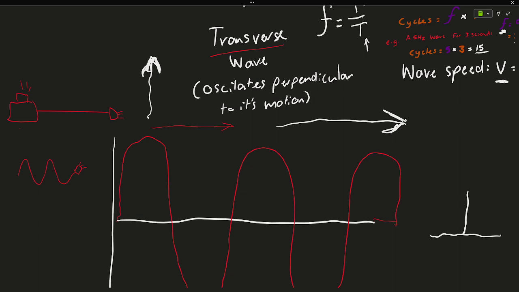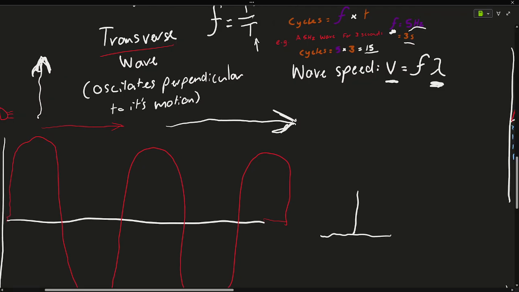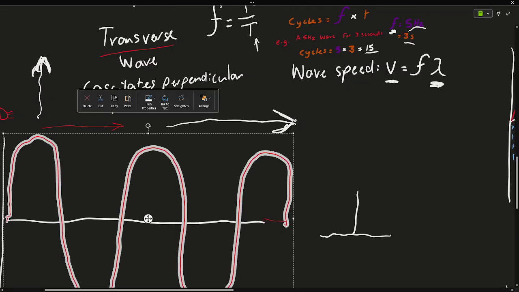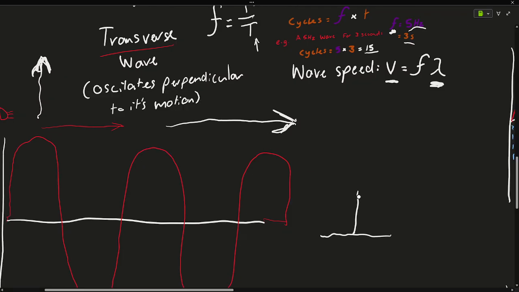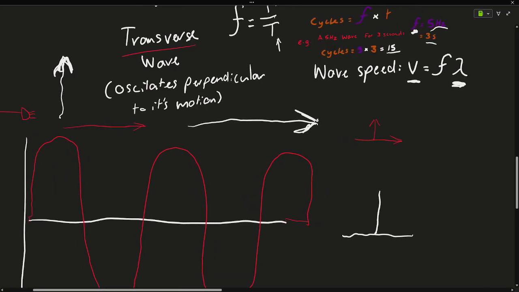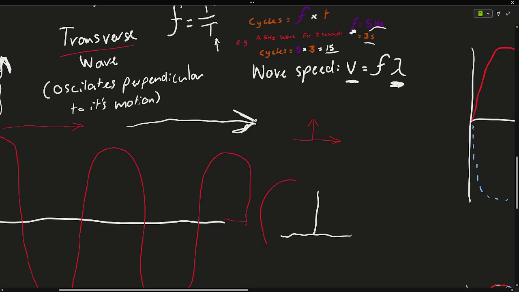So you flick it up and it oscillates perpendicular. Perpendicular is when there is a line moving horizontally, but at the same time there's a line moving vertically. So that's why you get this symbol. This is the symbol for perpendicular.